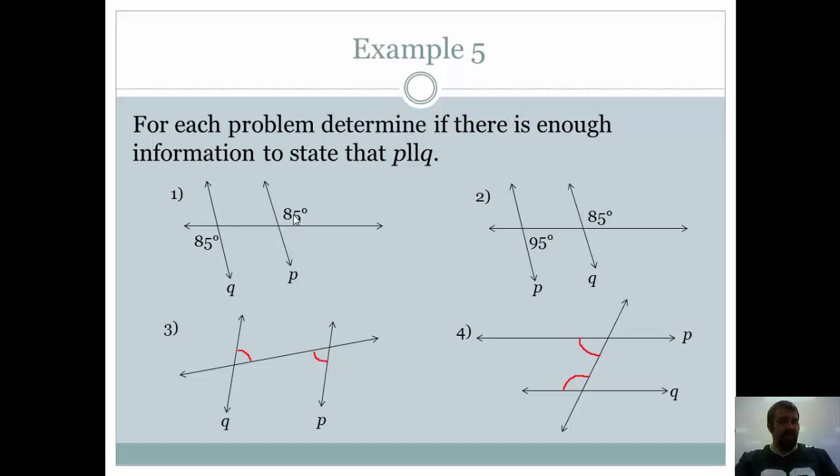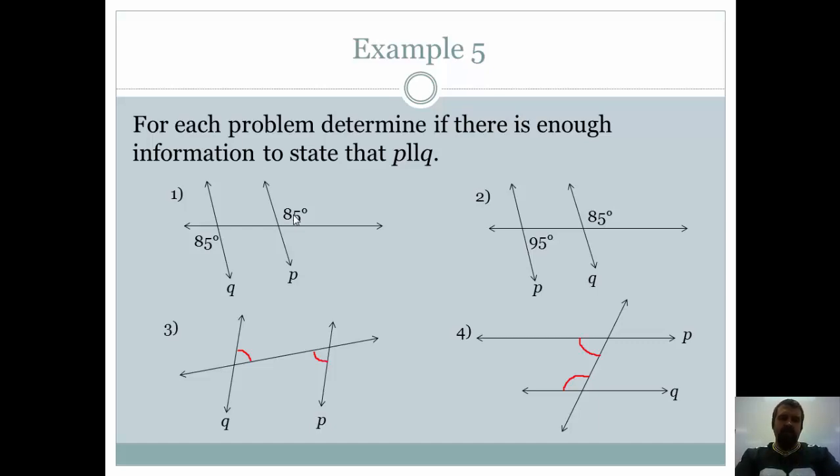If you said alternate exterior angles, good job. If you didn't say anything at all, you're kind of zoning out, or you didn't pause long enough to answer the question. Those are alternate exterior angles. What do they have to be if those two lines are parallel? Again, if you said congruent, good job. If you didn't say anything, please come back or pause and try and answer these questions before I do.